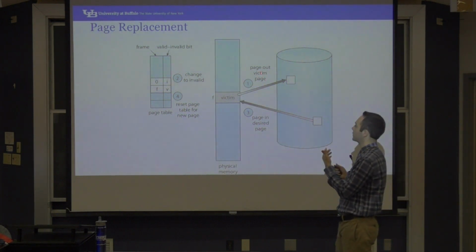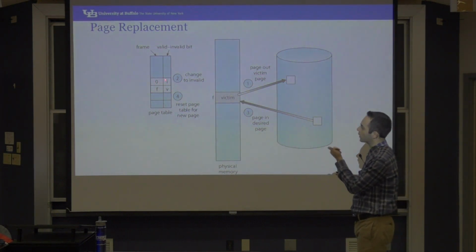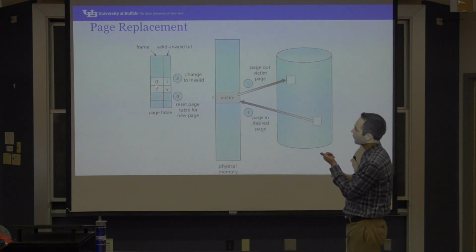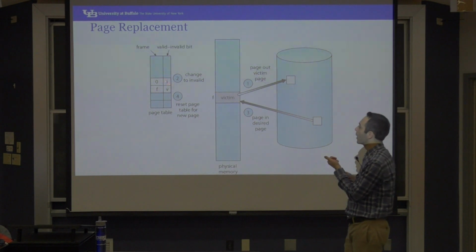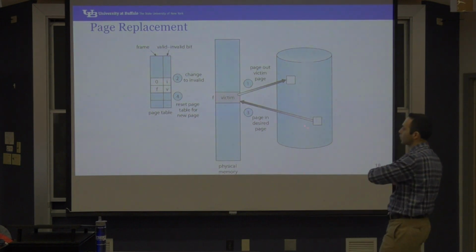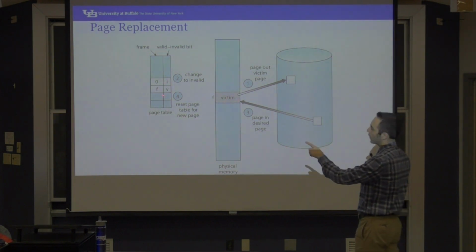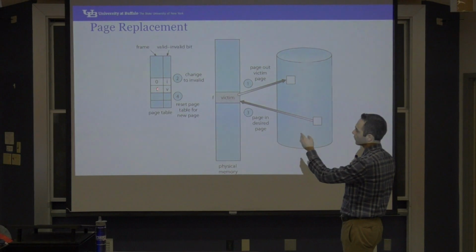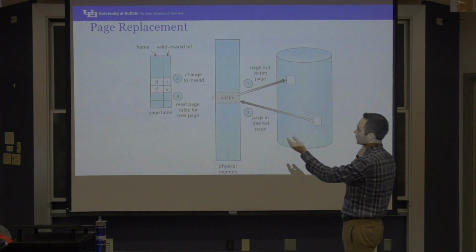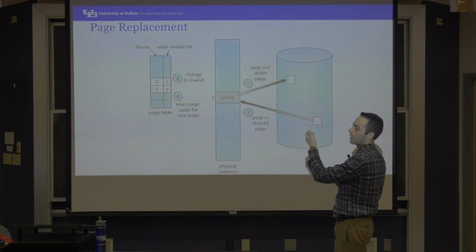If not, we can skip this. Then we go here, find that page entry and mark it as invalid. Then we load the new page from the disk to the physical memory. We make a copy, and then we update the page table based on that. We put the new frame address in that entry and also mark it as valid.